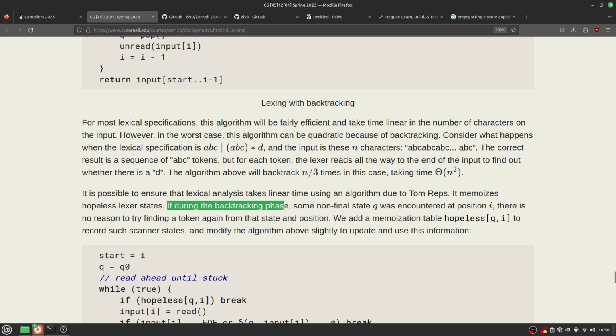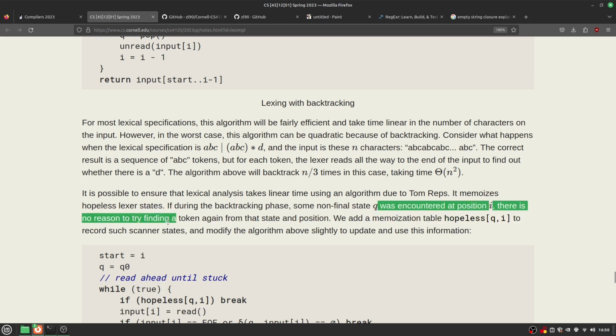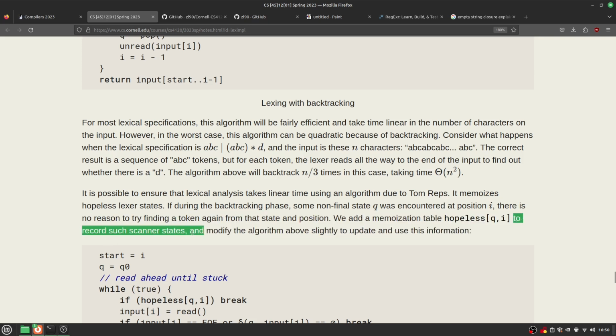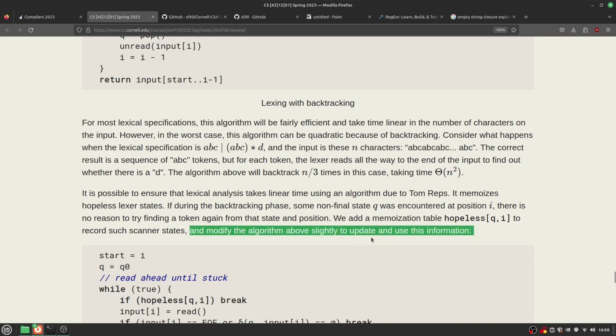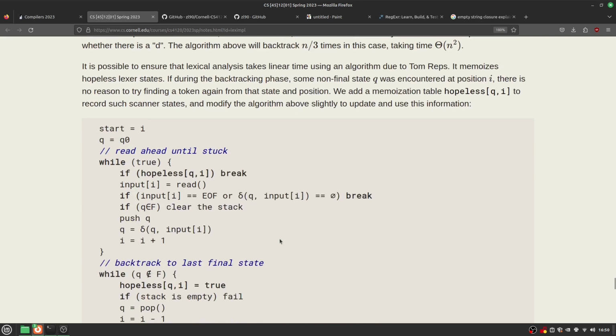If during a backtracking phase some non-final state Q was encountered at position I, there is no reason to try finding a token again from that state and position. We add a memoization table, hopeless, indexed by state and index, to record such scanner states. Modify the algorithm above slightly to update and use this information.